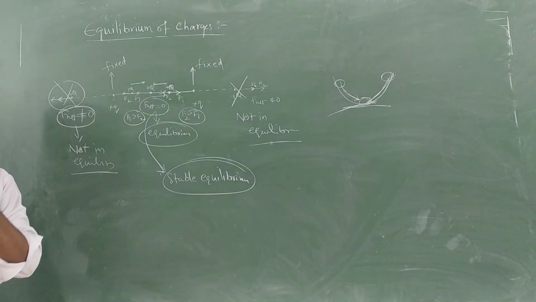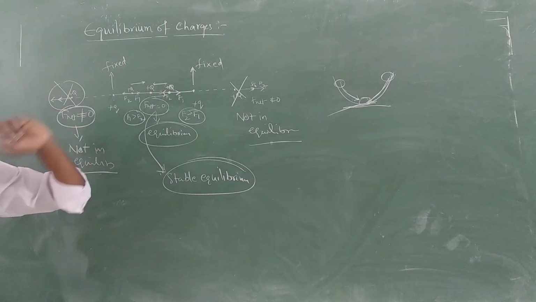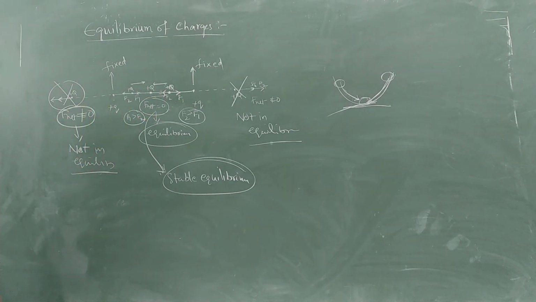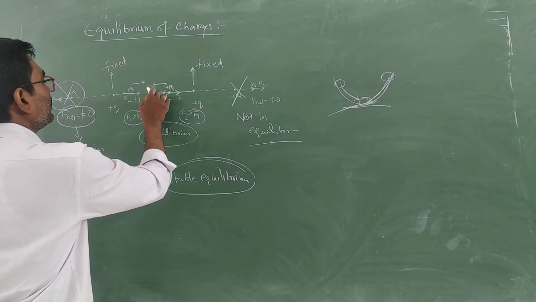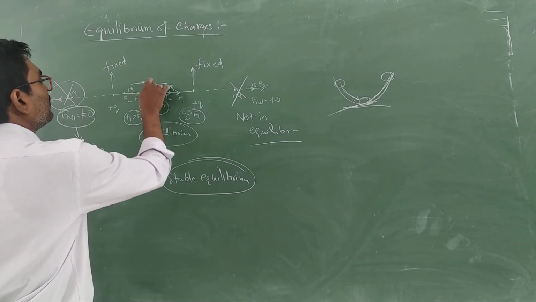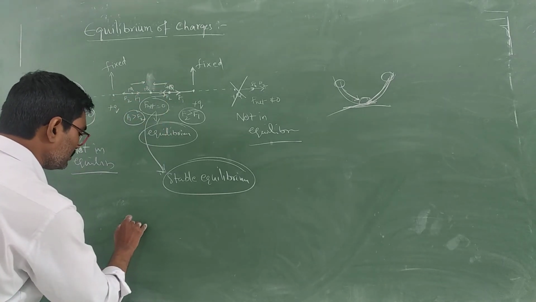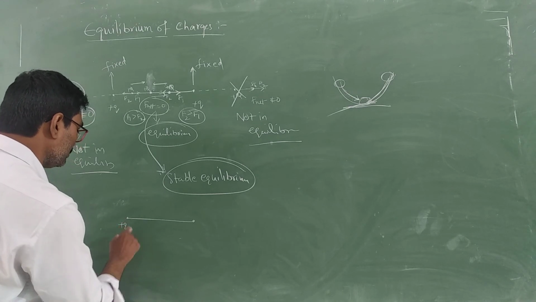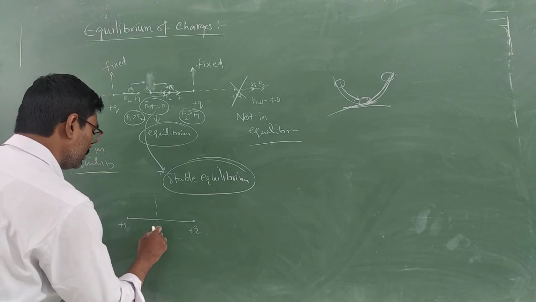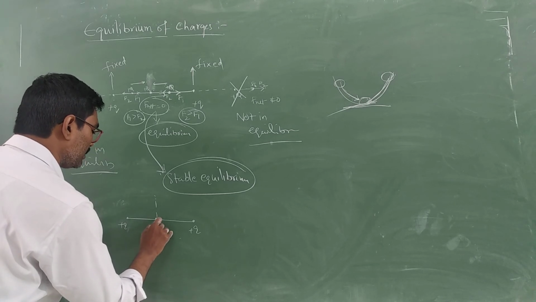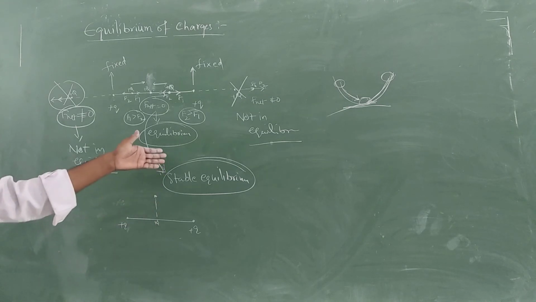Right. Next, this stable equilibrium is along the line joining the charges when the charges are fixed. Now, if I take the same charge and make it move perpendicular to it, see the next condition. Q, and this is also plus Q. I have taken plus Q at the center, but now I am moving perpendicular to the line joining the charges.